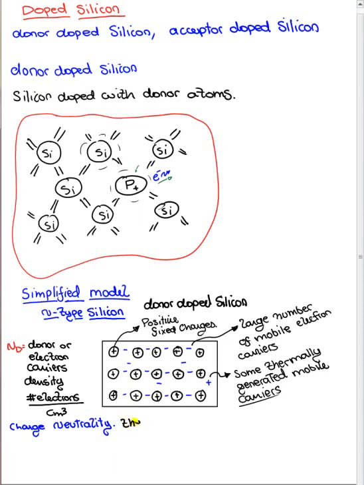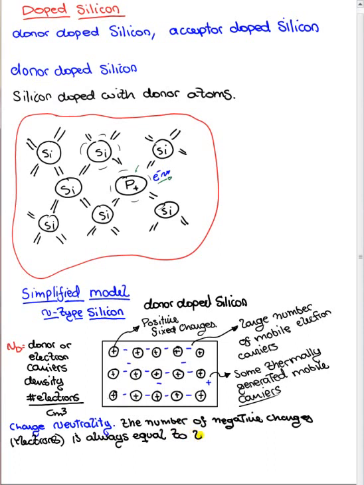So what that means is that the number of negative charges, in this case electrons, is always equal to the number of positive charges.